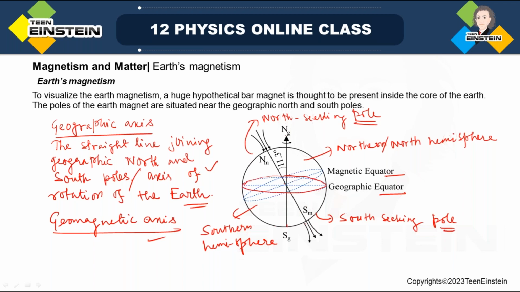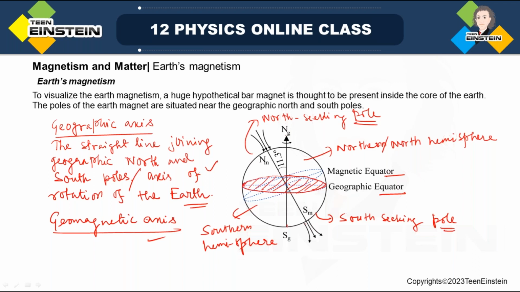Okay, so these are two equal parts, and the plane which is contained by the geographic equator is called the equatorial plane. This plane is the equatorial plane. Okay, this equatorial plane is horizontal to the surface.